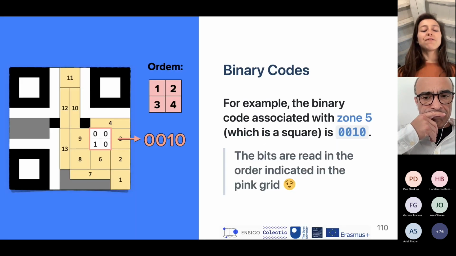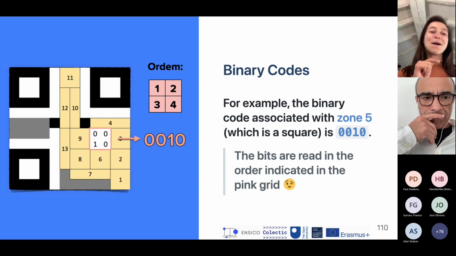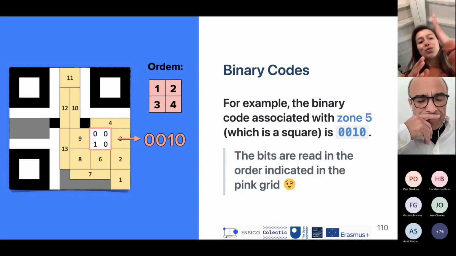If we have a zone which is a square, we will read it as in the picture. It should say order. It's in Portuguese. In Portuguese, order is ordem, which is what's written there. It means that you read the numbers in that order. Okay? So the first one is the top left. The second one is the top right.